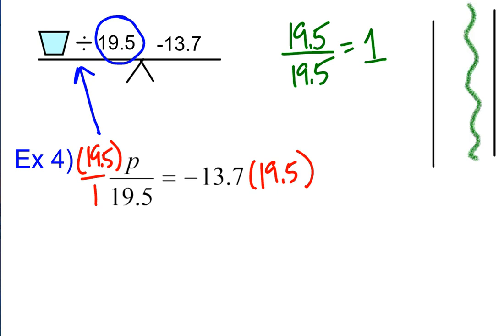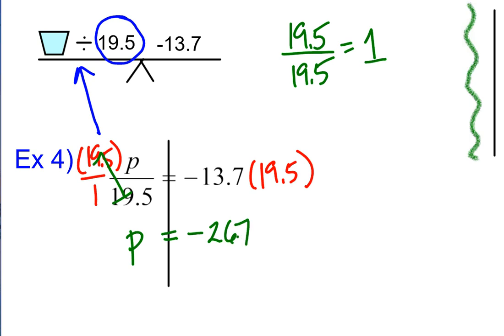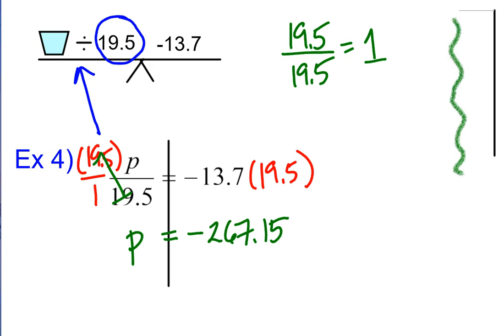Sorry, it was a little late on that. There. And here's my giant 1, right? 1 times p is p. And a negative times a positive is a negative. And 13 and 7/10 times 19 and 5/10 is going to give me 267 and 15/100.